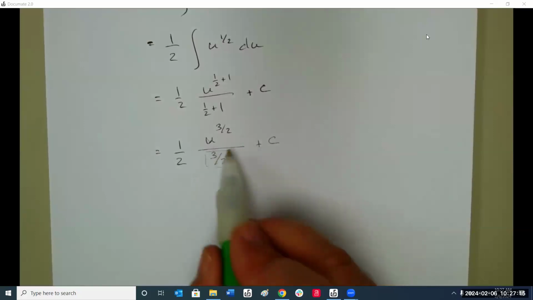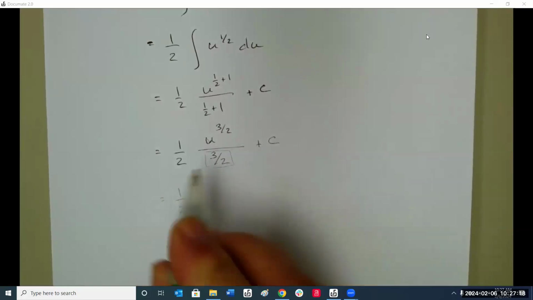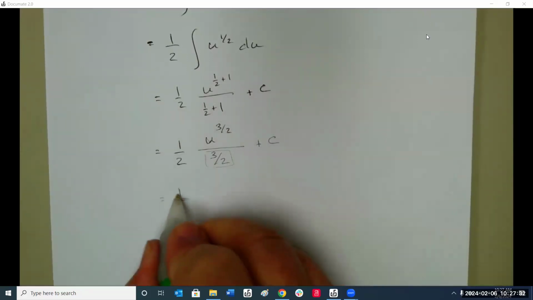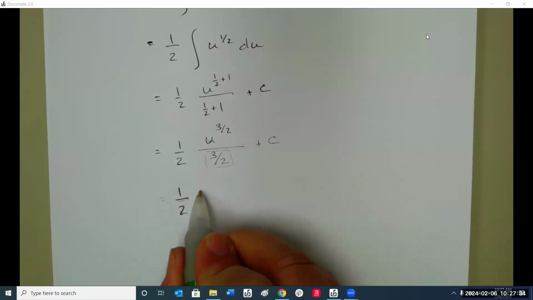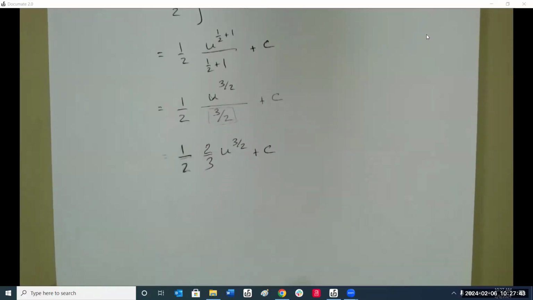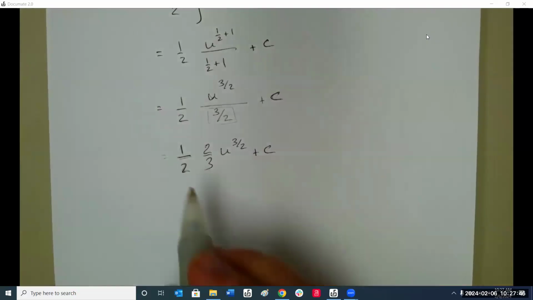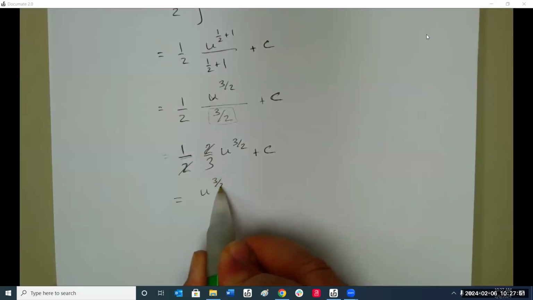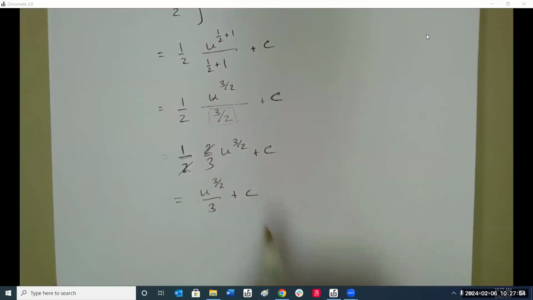This bottom number, we flip it and multiply to the top. So we get 2/3 u to the power 3/2 plus c. The 2's cancel. So now we have u to the power 3/2 over 3 plus c.